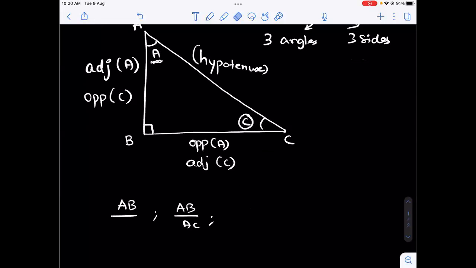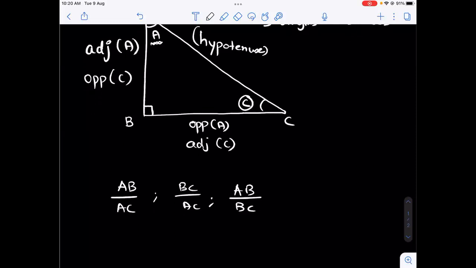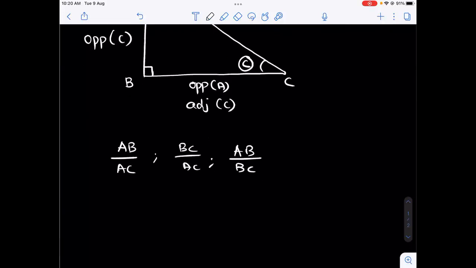I can take AB and divide it with AC. I can take BC and divide it with AC. Or I can take AB and divide it with BC. Can I do this? If I do this, I get the ratio of one side with respect to another. All the 3 possibilities are over.